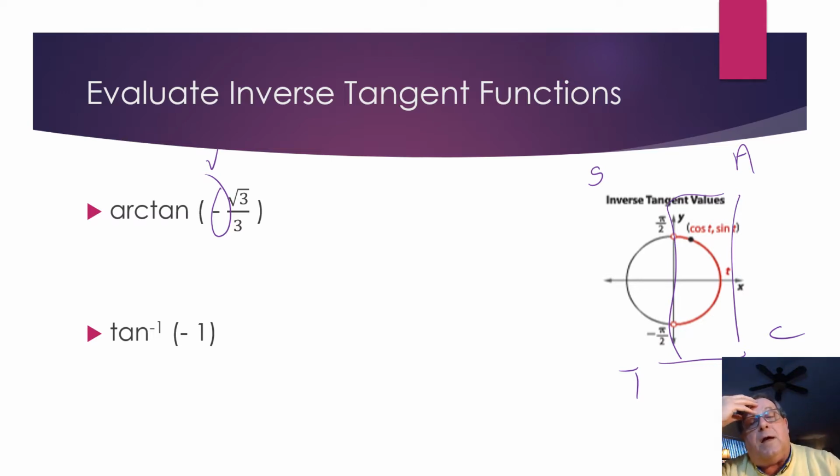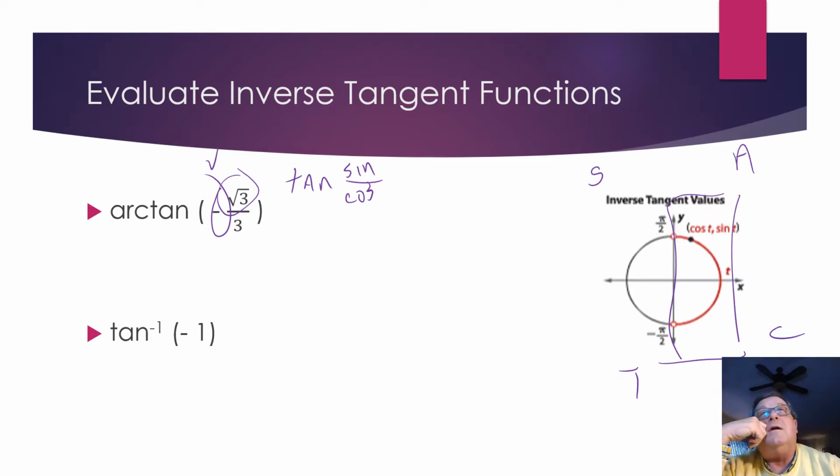And then I'm thinking, okay, well, the tangent we know is the sine over the cosine. And that square root of 3 right there tells me this is going to be either negative pi over 6 or negative pi over 3 by virtue of that square root of 3 sitting there. That's kind of my clue.